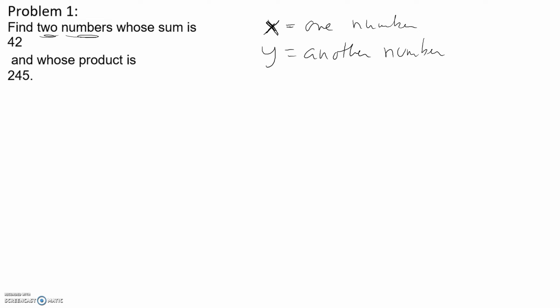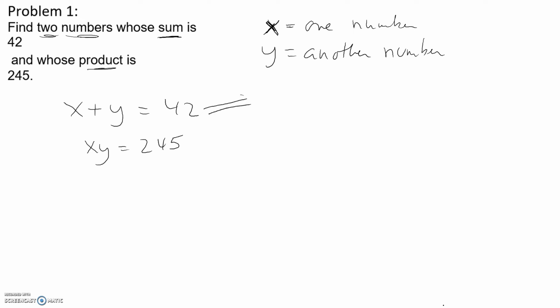Our equations are, since the sum equation is the addition equation, x plus y equals 42. That's the sum. Then we have the product, which is x times y is equal to 245. Okay, so we're going to make sense of these two variables in these two equations here. And so we have to substitute one into the other.